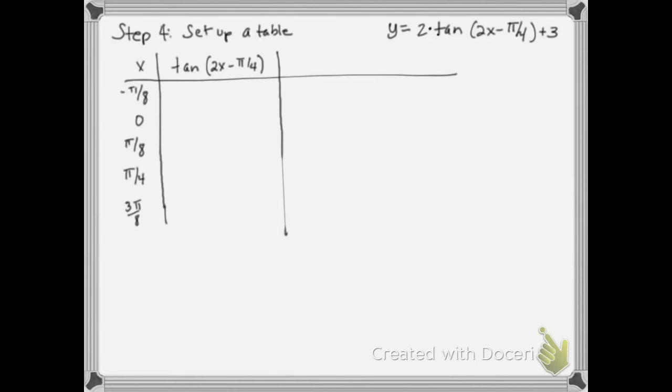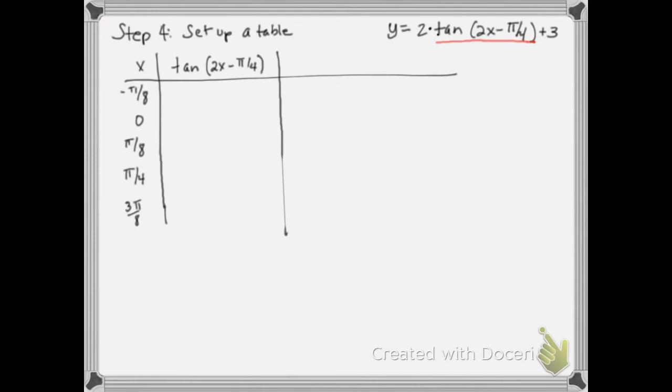Looking at the tangent part, I know that 2 is multiplied by all of this tangent stuff, and then a 3 is added. So I'm going to use my calculator to find tan of (2x minus pi over 4). That's why I have tan of (2x minus pi over 4) in the table.